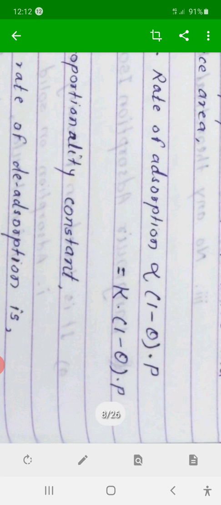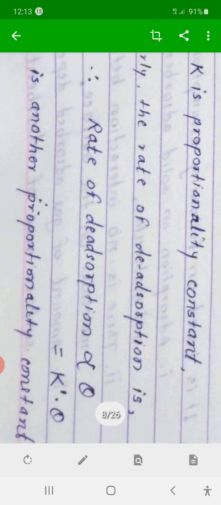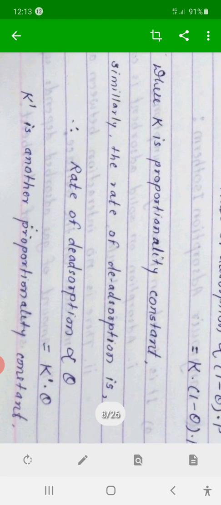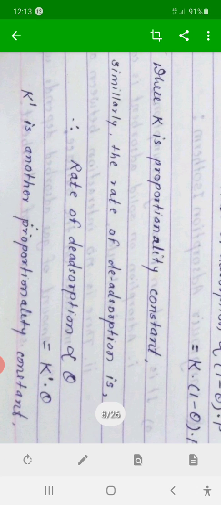Removing proportionality with constant K, the rate of adsorption is equal to K into (1 minus Q) into P.